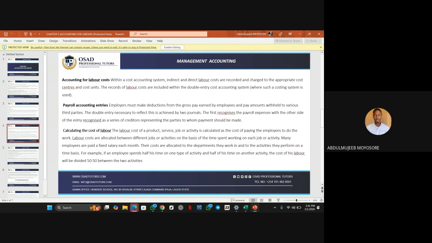Now, your bank account, let's say your net pay out of it is 290,000 naira. Your bank account will be receiving what? 290,000 naira. Now, the remaining, how much? The remaining 60,000 naira, let's say tax, PAYE, and HMO, would go and land in those various accounts.